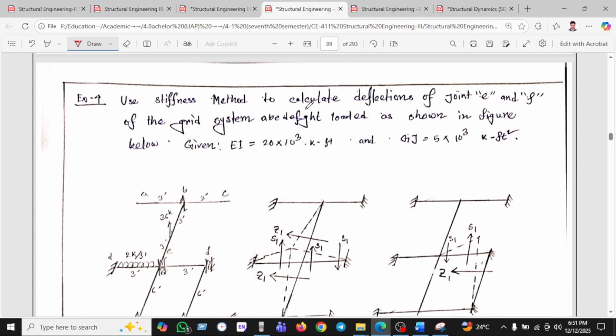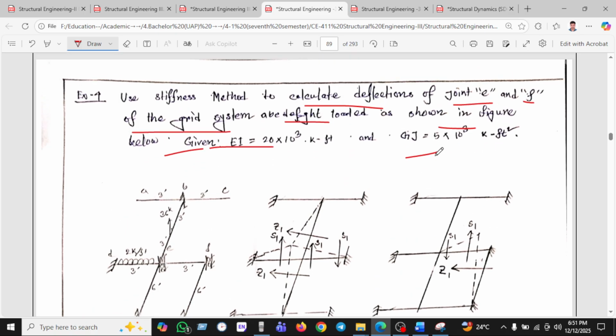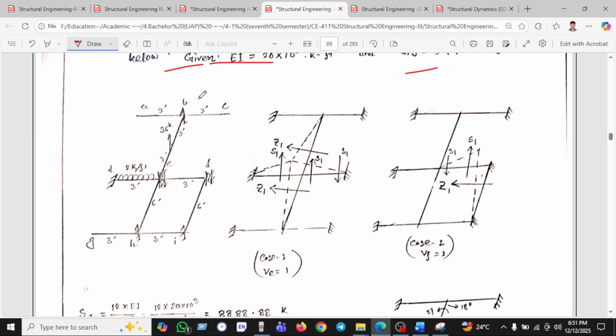Use the stiffness method to calculate the deflection at points G and F of the grid system. Given this loading as in the figure below, EI is given, and JG is given. We have been seeing this diagram, and we have applied case 1, which is the vertical direction.